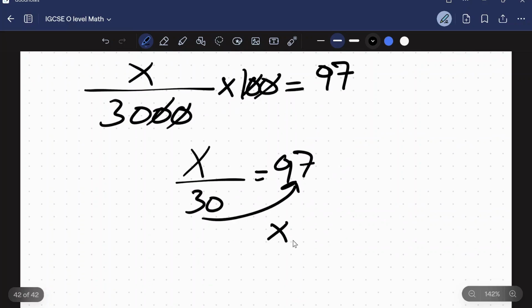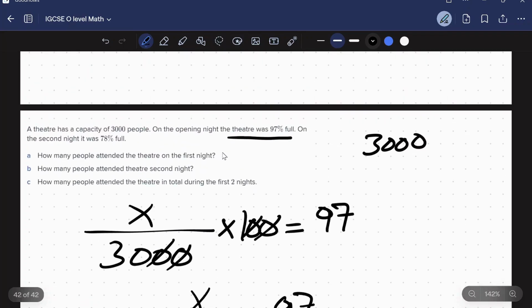So x equals 97 times 30, which becomes 2910. So 2910 people were present on the first night.